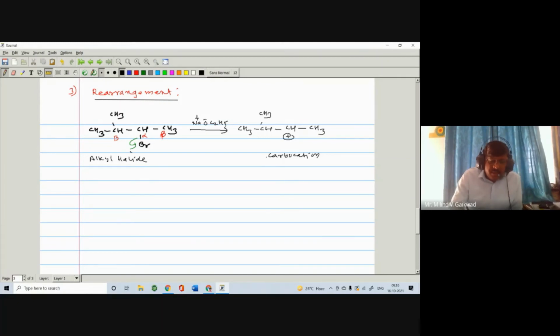Then you may get the corresponding product this way. This is your alpha carbon, and this is your beta carbon atom, and I can label this one as a beta dash carbon atom.